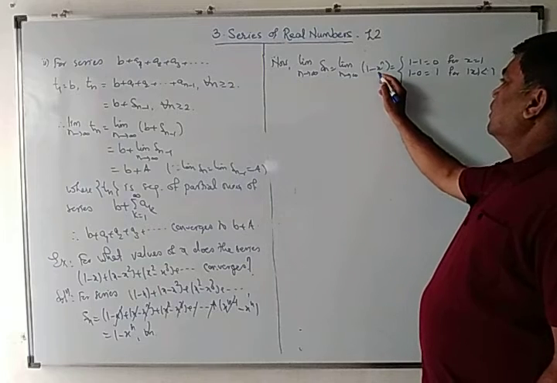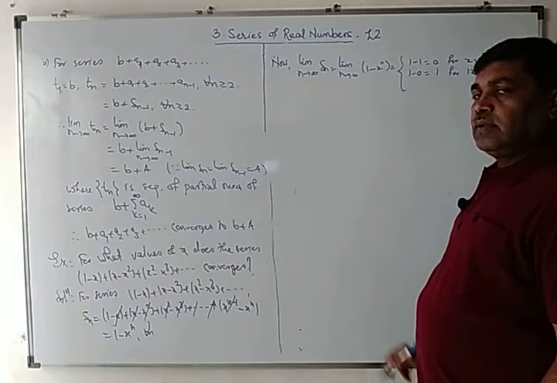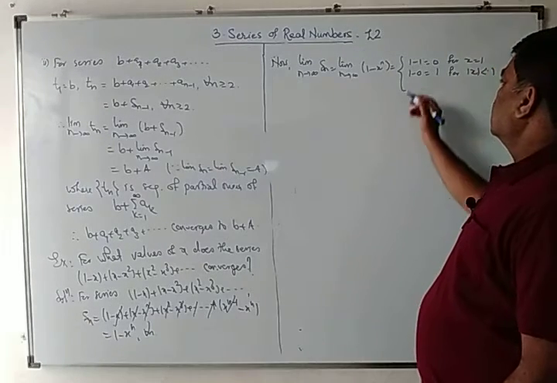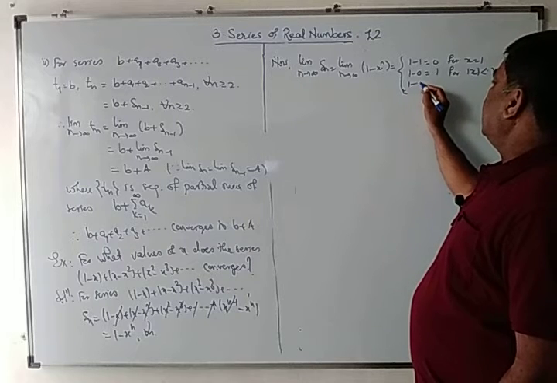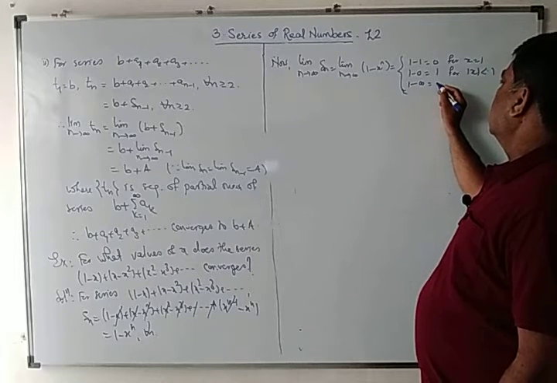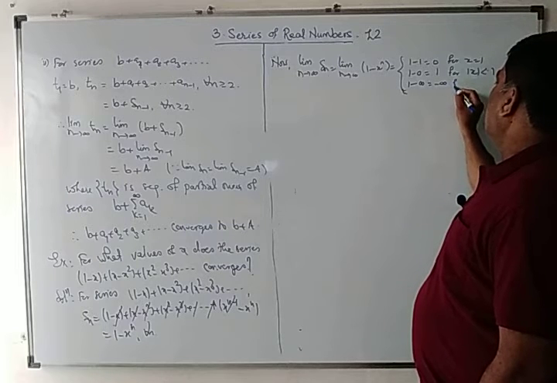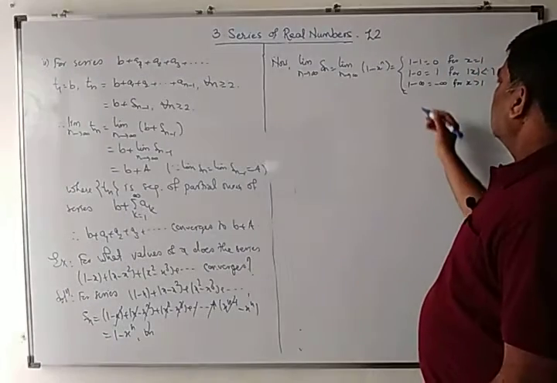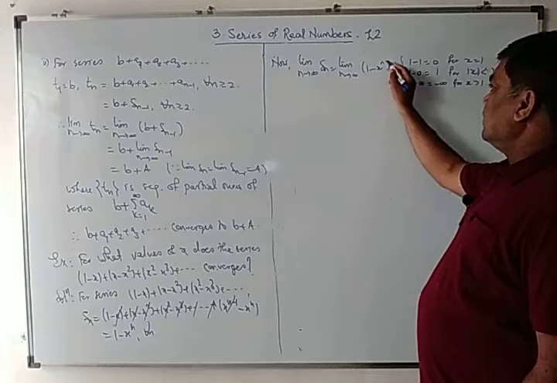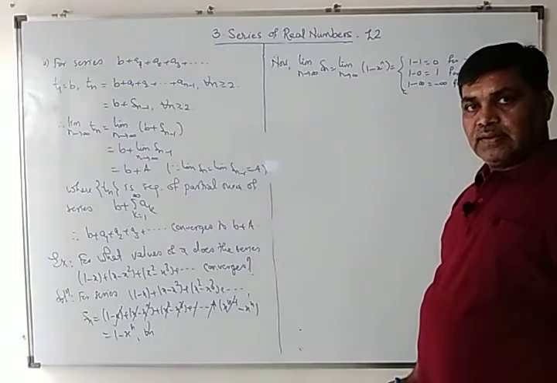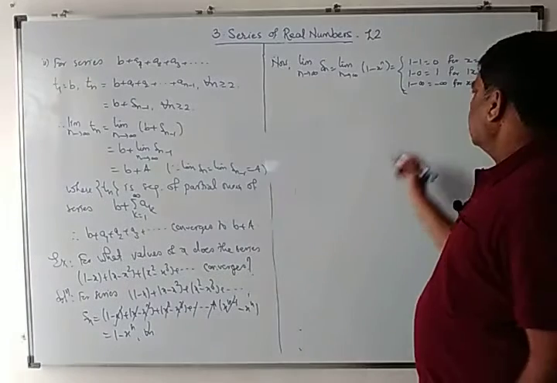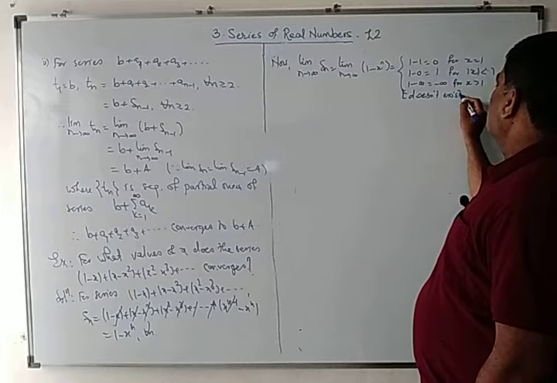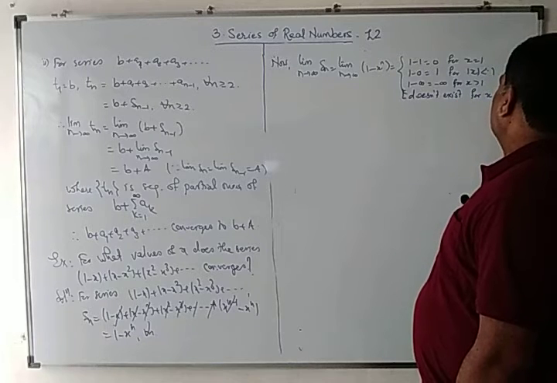And this x raised to n goes to infinity for x greater than 1. So it is 1 minus infinity, equal to minus infinity for x greater than 1, and the limit doesn't exist for x less than or equal to minus 1.